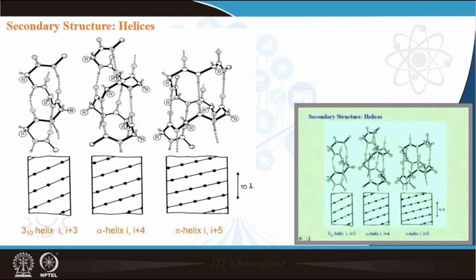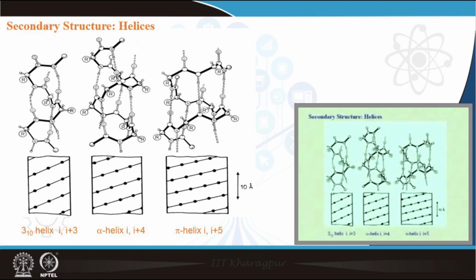We look at the normal alpha helix now. In this alpha helix, which is the one that is most common, which is why it's just called an alpha helix, the hydrogen bonding pattern is slightly different. You have the hydrogen bonding from the ith residue to the i plus fourth residue. Okay? So if you can just imagine what the turn would look like, you have basically a polypeptide chain that is rotating.